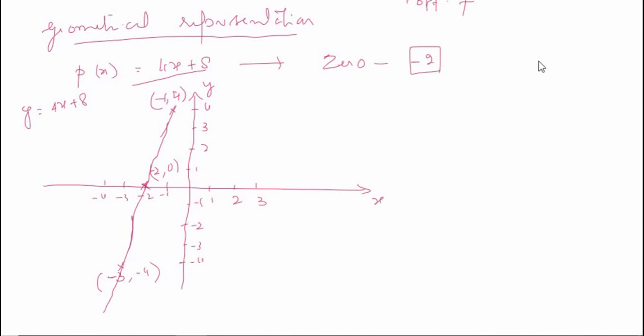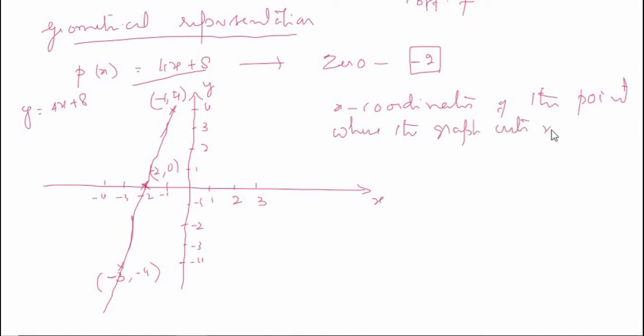Now we can say that the 0 of a linear polynomial is the x-coordinate of the point where the graph cuts the x-axis.